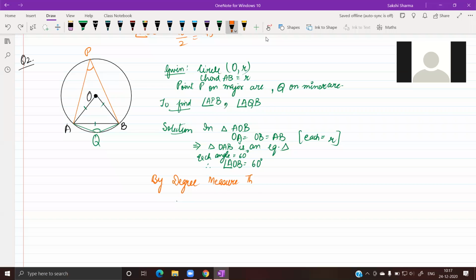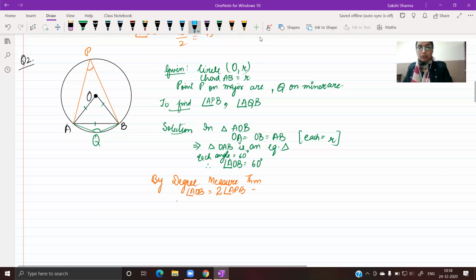The angle subtended by the arc AB at the circumference and the angle subtended by the same arc at the center, the relationship will be given by this expression here: AOB equals twice APB. You can use the value of AOB and find out APB.